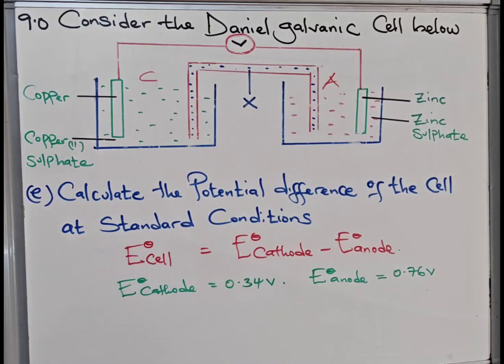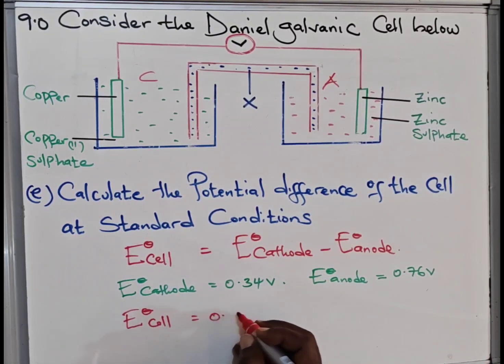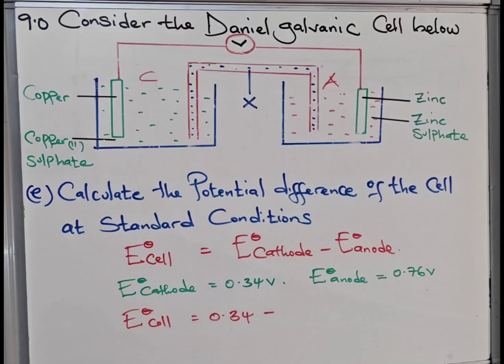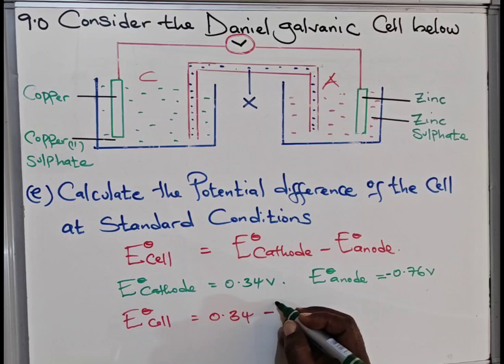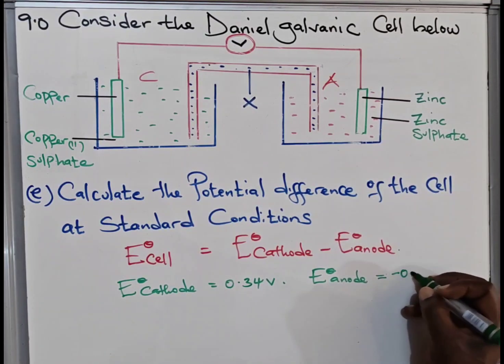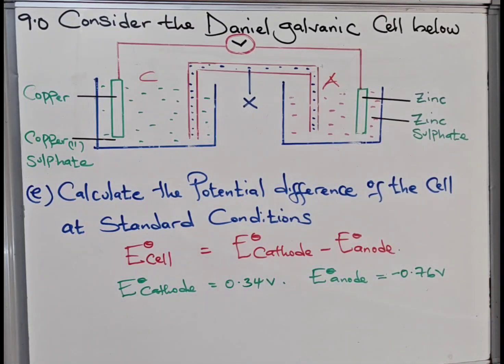Okay. So what do we do? We substitute in there. So we are going to say E naught cell is equal to E naught cathode, which is 0.34 minus, oh, we forgot that this one is negative. So it's minus, which is negative 0.76 volts. So from there, we go ahead and substitute.